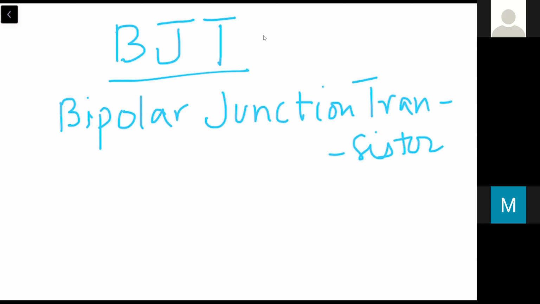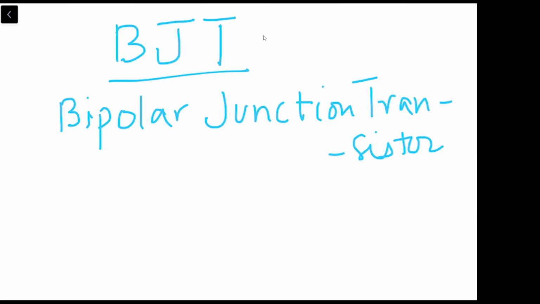So in the bipolar junction transistor, we have the flow due to the free electrons as well as the flow due to the holes which are in the valence band, right? Therefore it is called bipolar junction transistor, because the flow which takes place in a transistor is both due to the free electrons in the conduction band as well as the holes in the valence band, right?